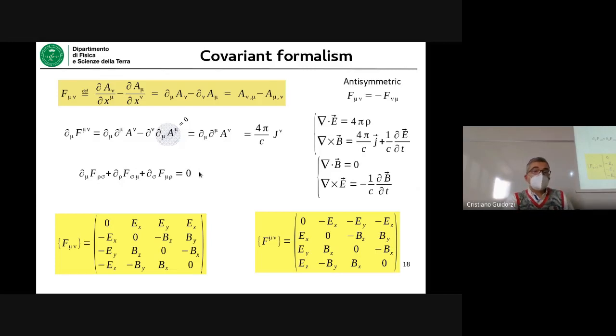So solving Maxwell equations is equivalent to determining the electromagnetic tensor. And all this is in a fully covariant way, which is extremely powerful and beautiful.